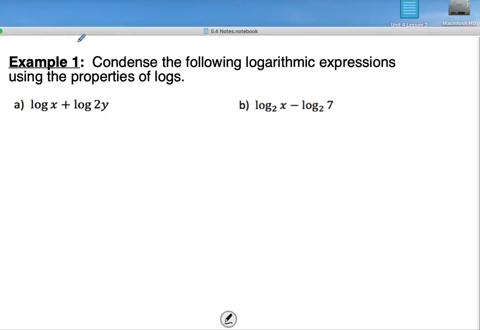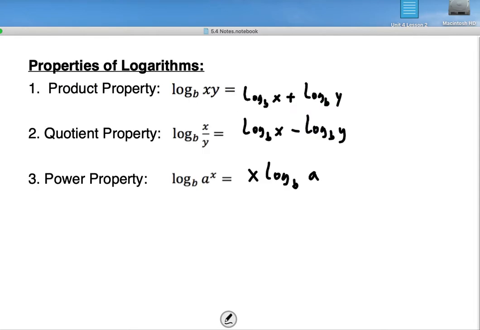All right, so now let's condense the following log expressions using the properties of logs. To condense them, we're going to bring them together and combine them as a single log. Noticing your properties back here, if you have addition, log base b of x plus log base b of y, you put it together using multiplication.